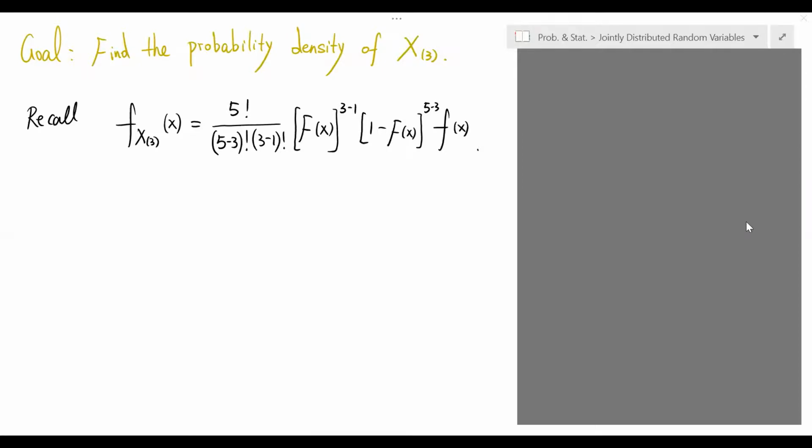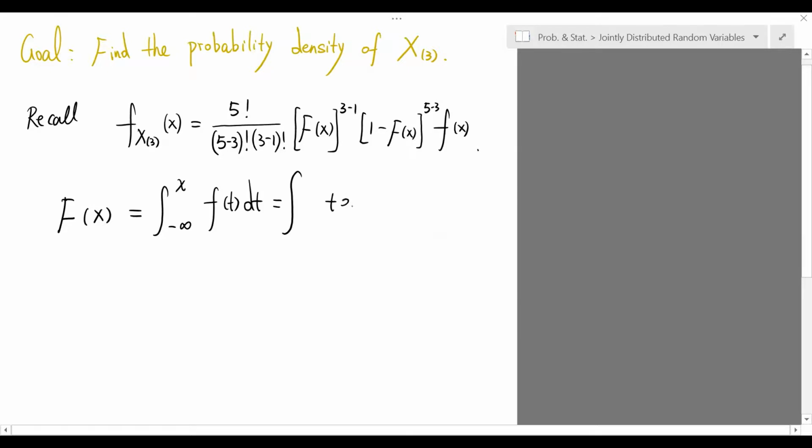To implement this formula, we need to find the cumulative distribution of the random variable, which is the integral from negative infinity to x of the probability density function. Recall that our probability density function is equal to t e^(-t) when t is greater than 0.